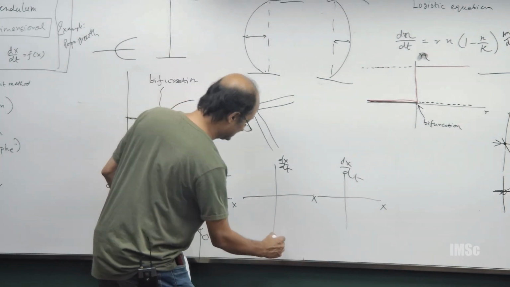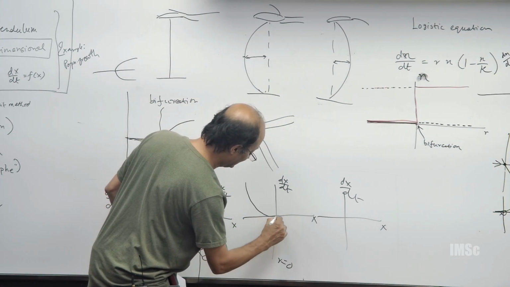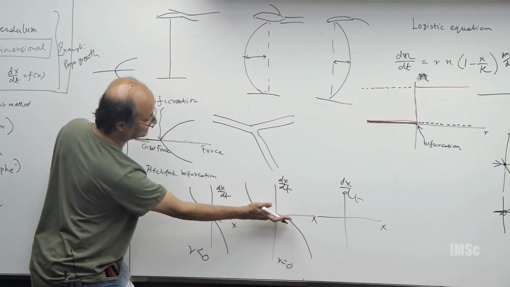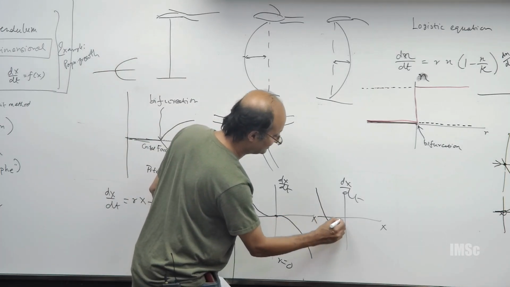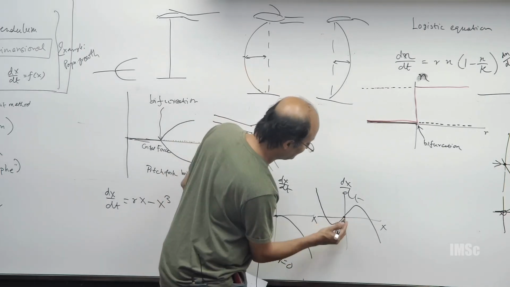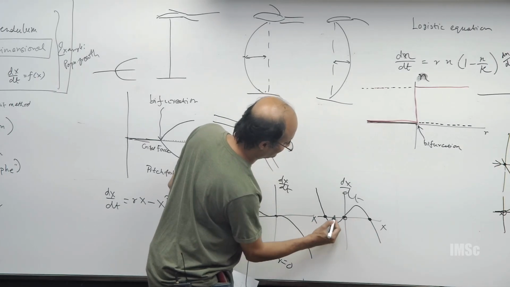If your r is exactly 0, then at 0 it is just tangential. If you just look at the tangent, it is exactly horizontal, and beyond that you will have this unstable and these two stable.